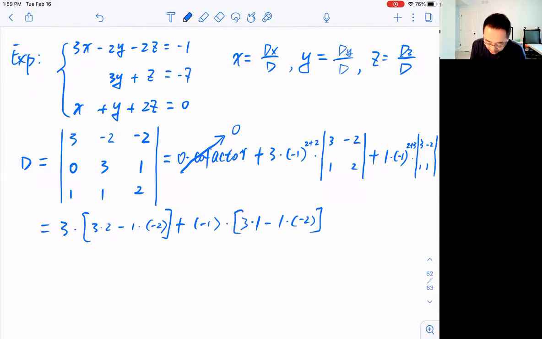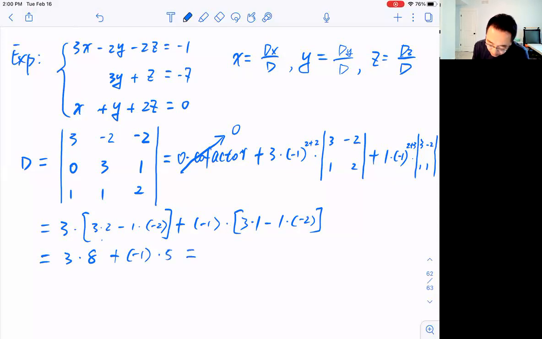And that gives you 3 times, so 3 times 2 here, 6. 6 minus 1 minus negative 1 times 2, -2 is -2. So 6 minus -2 is 6 plus 2. That's 3 times 8 plus -1 times 3 plus 2, which is 5.